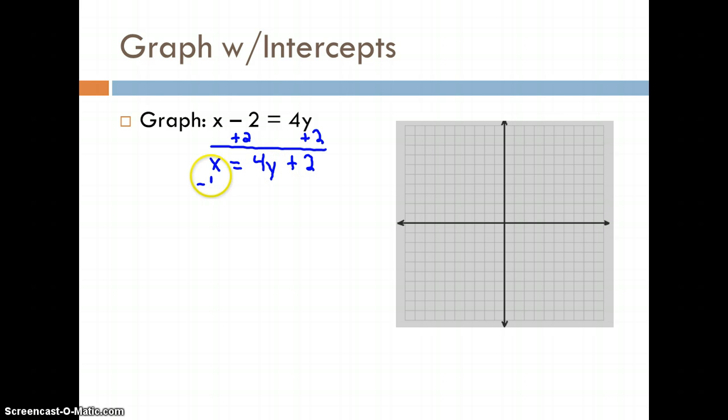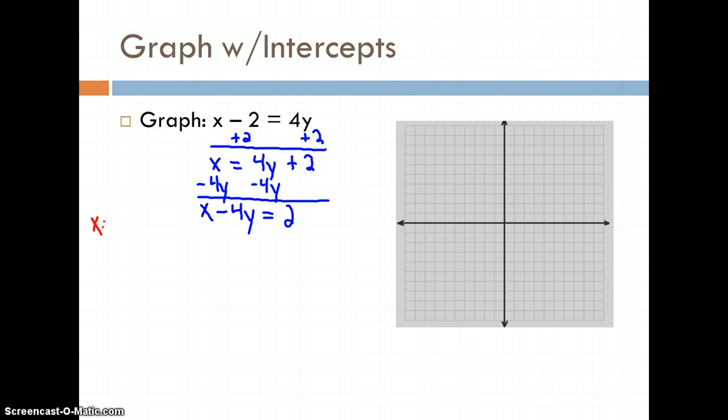And then I would subtract 4y from both sides. I get x minus 4y equals 2. So now that's in the form we're used to using here: the x term, the y term, equals the constant term. And we're ready to calculate our intercepts.